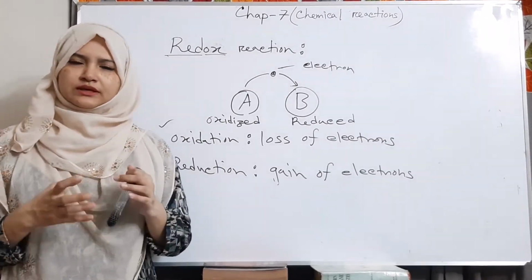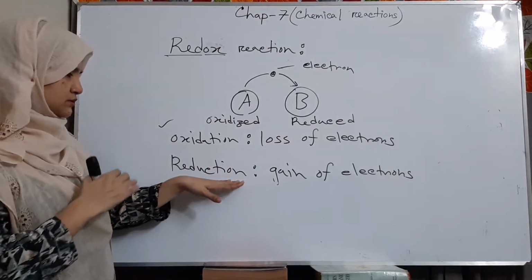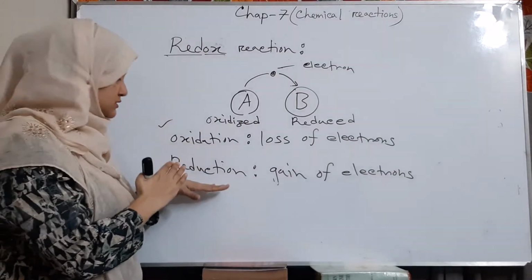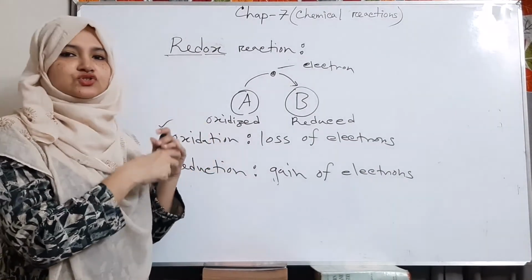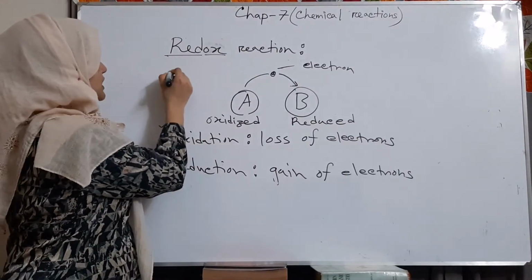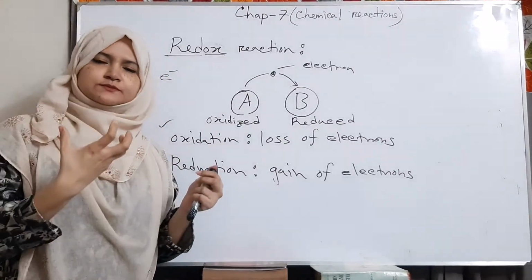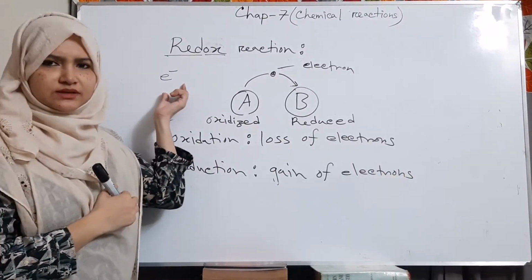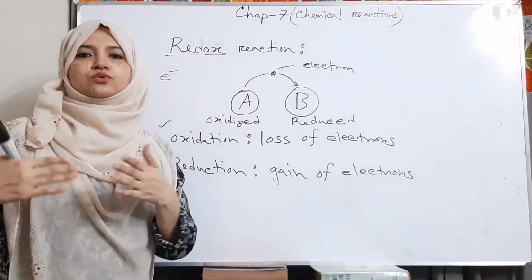We can think of this concept like this: gain of electron is called reduction, and an electron has one negative charge. When we add an electron to something, its charge goes down.